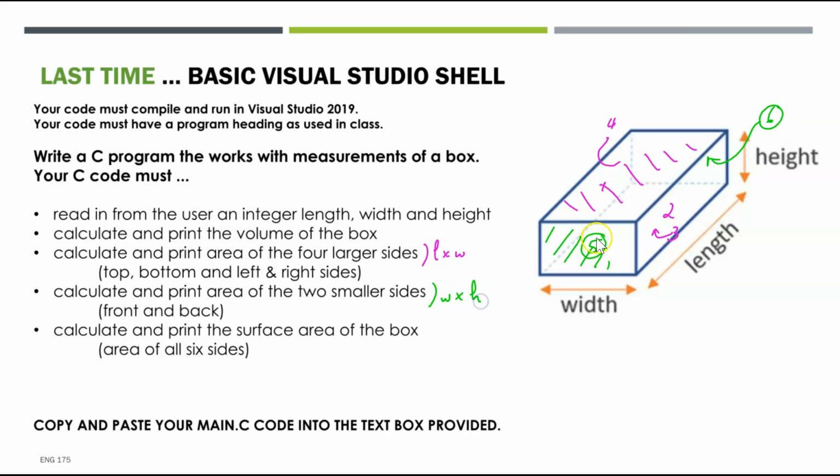Now, if we add all our sides together, the front and the back as one, that's called the surface area. The surface area is also what we want calculated. So surface area will be the four larger sides plus the two smaller sides.